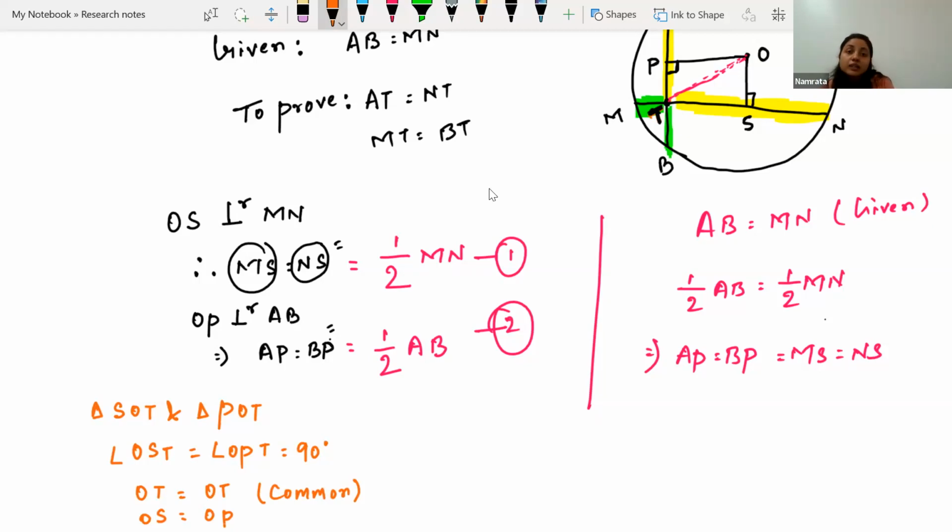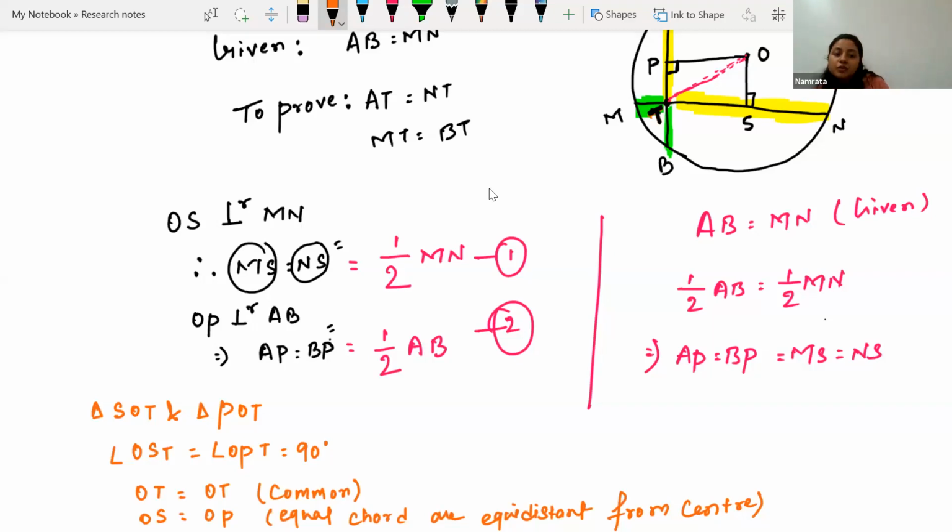Equal chords have equal distance from the center. So let's write: equal chords are equidistant from center.